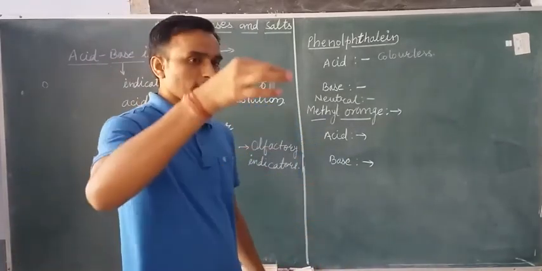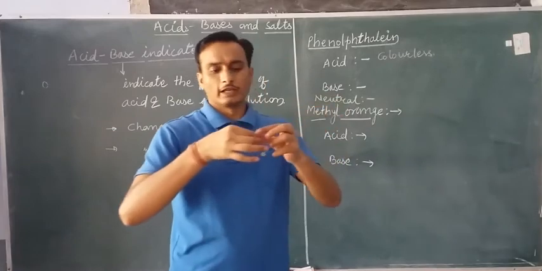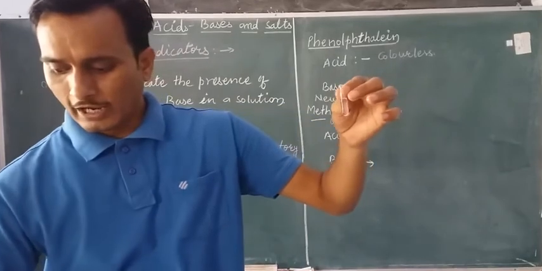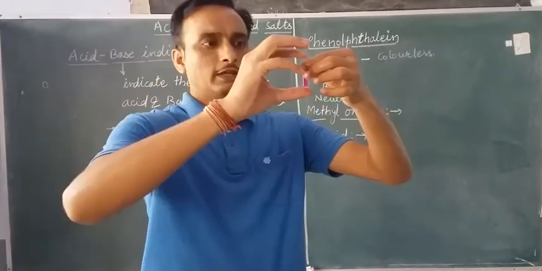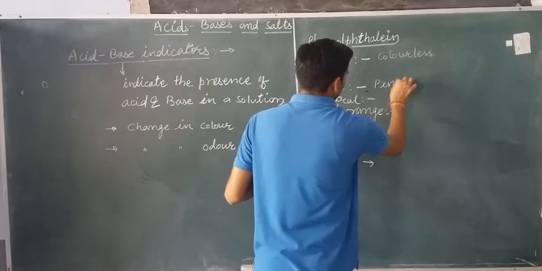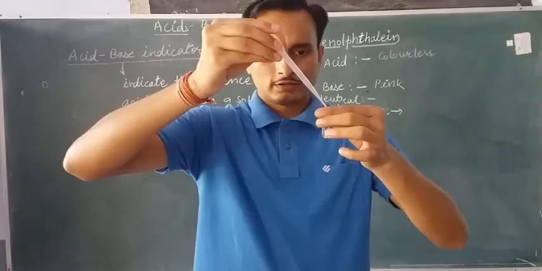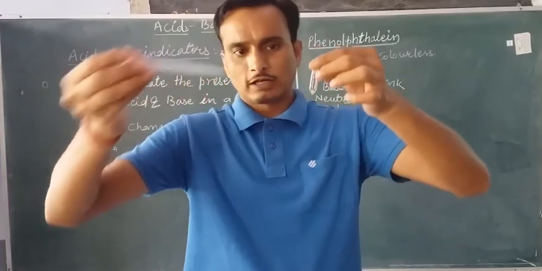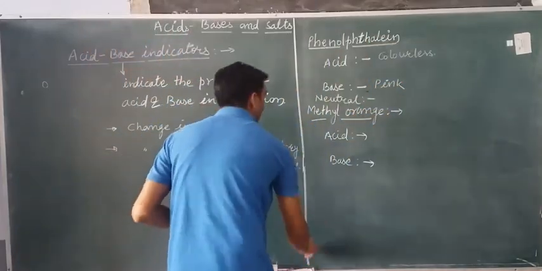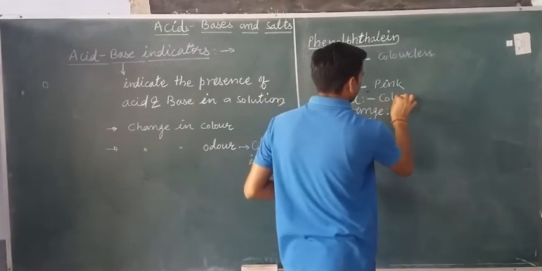Now we study the effect of phenolphthalein in a basic solution. I take a basic solution in the test tube and put 2 or 3 drops of phenolphthalein, and we get a pink color. Therefore, we can say that phenolphthalein is pink in basic solution. Now in water it remains colorless. So we can say that it is colorless in neutral solution.